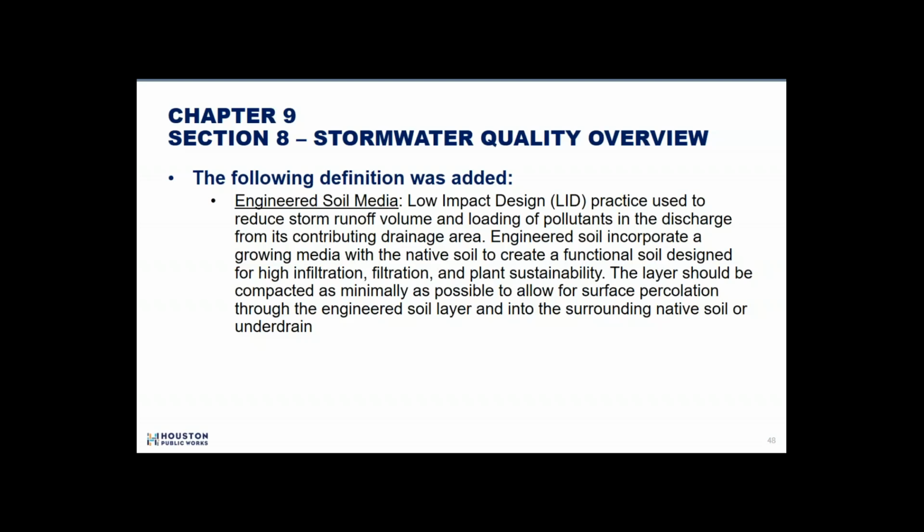So we added this phrase about engineered soil media, and one of the keys is making sure we don't over compact it. We're okay with moving in this direction, but this is more of a construction issue. We believe it's fine in a lot of applications, but we are going to have to be more cognizant of this as we're constructing these items so that they do properly work when needed.